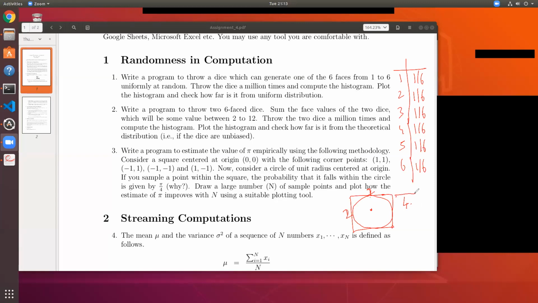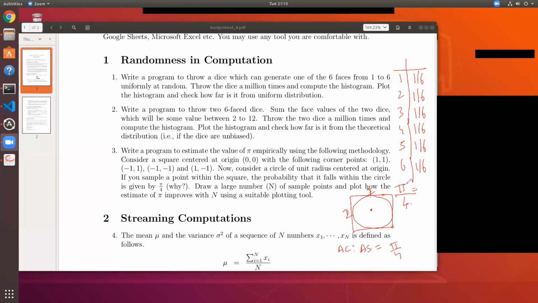The circle area is pi r squared, and r is 1. So the ratio of the area of the circle to the area of the square is equal to pi by 4. So you use this relationship to find out the value of pi.